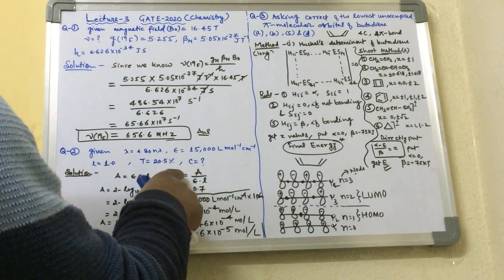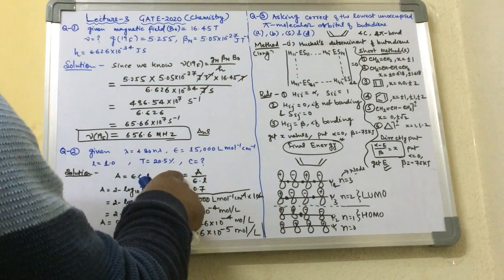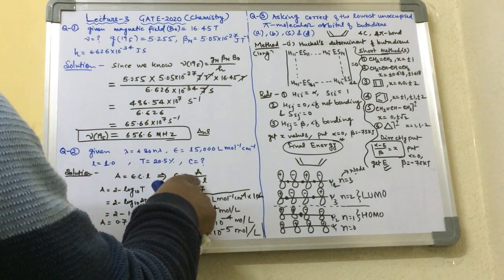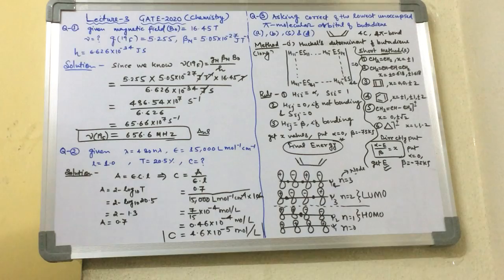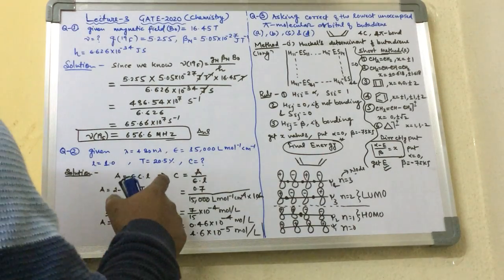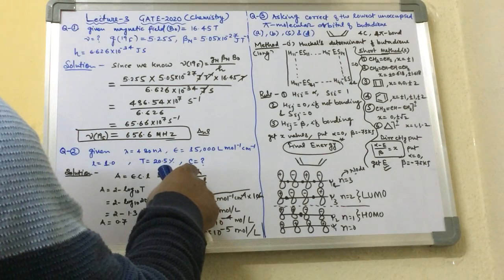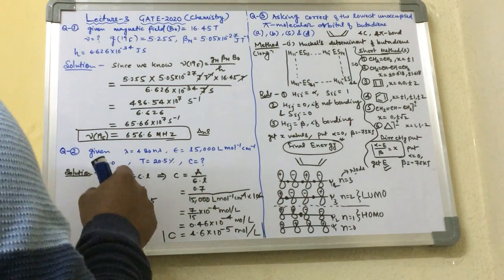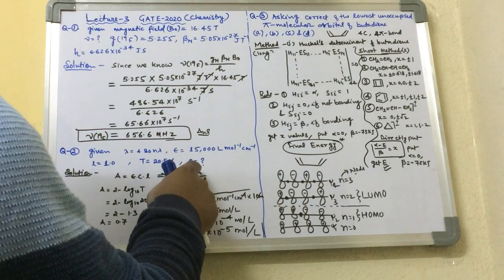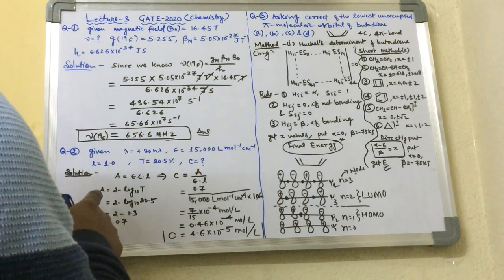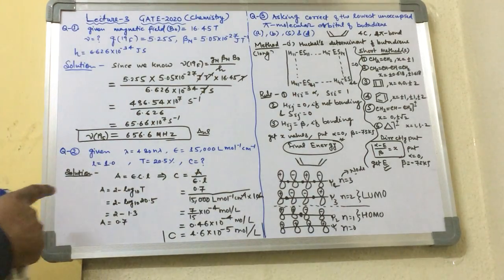We have to calculate C, so C is equal to absorbance upon epsilon into L. Okay, here we don't know the absorbance, how much light is absorbed, so we first have to calculate the absorbance. So apply this formula.